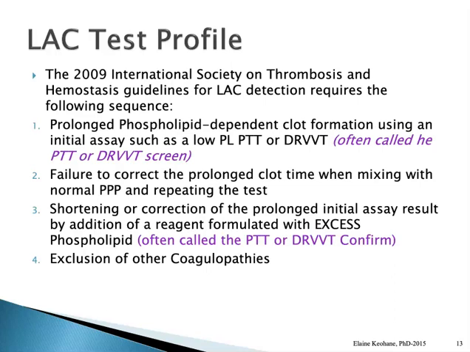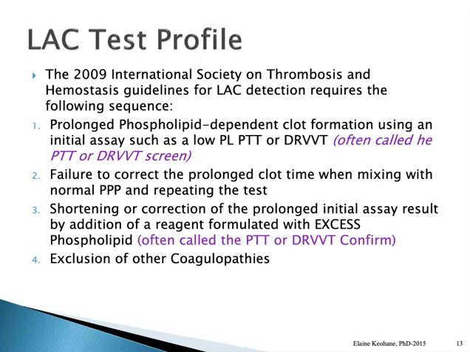Second, the failure to correct the prolonged clot time when you do a mixing study with normal platelet poor plasma, and repeating the test. Third, a shortening and/or correction of the prolonged initial assay results by addition of a reagent formulated with excess phospholipid, and this is often called the PTT or the DRVVT confirm.